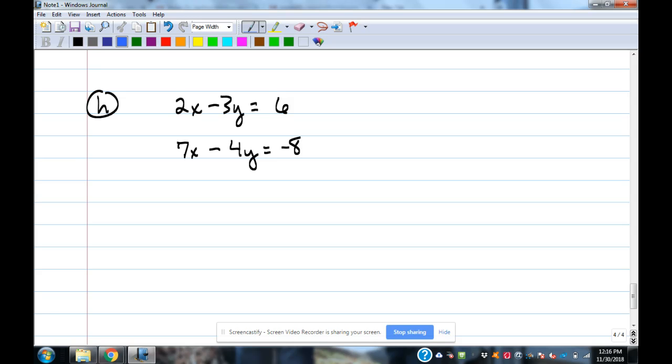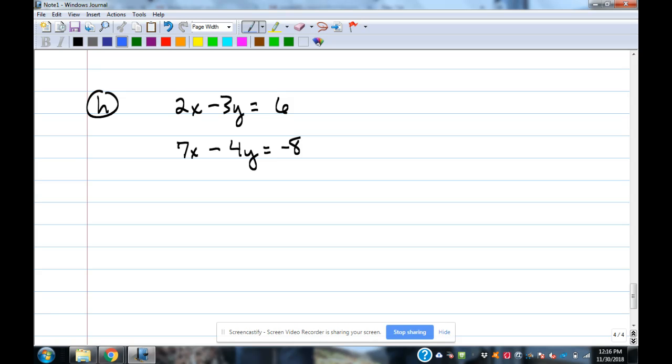Seven and 2 don't have much in common. I don't know if I can do this or not, but if you times the bottom one times 2, that would eliminate x's.